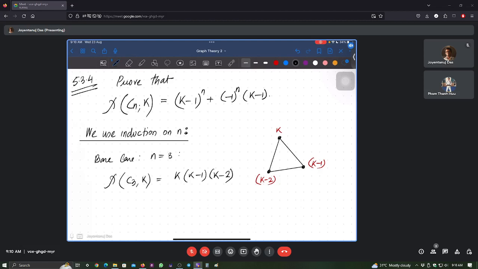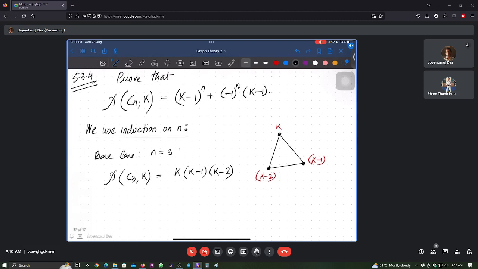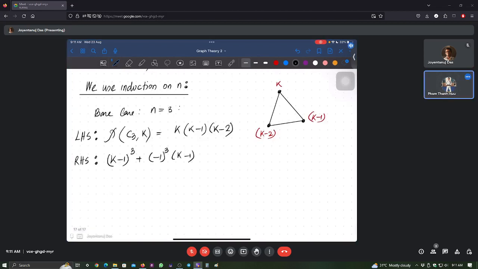Now we have to check whether it is matching with the given formula. This is the left hand side. The right hand side is k minus 1 whole cube plus minus 1 cube times k minus 1. So we have to verify whether it is working.